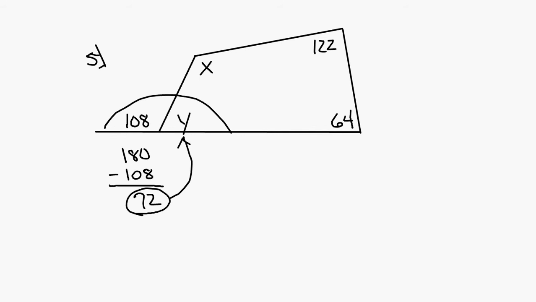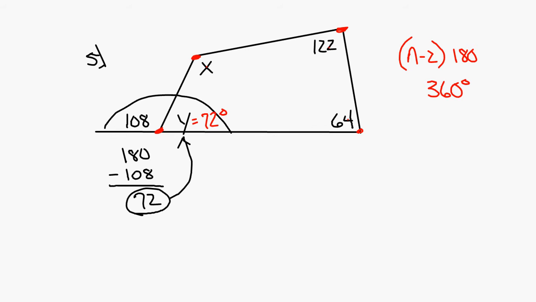Now that y is equal to 72 degrees, you've got a 4-sided shape, a quadrilateral. The sum of these interior angles would be n minus 2 times 180. The shape has 4 interior angles because it has 4 sides, so that's your n. 4 minus 2 is 2 times 180, which is 360.